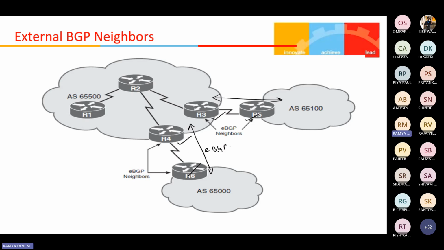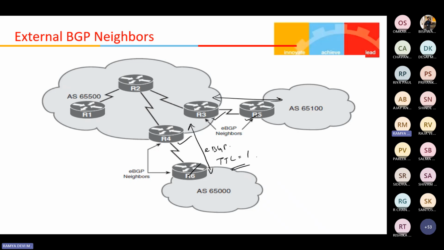In this case, the TTL will always be equal to 1. Why? Because they are neighbors. Already I've told you, you can reach R2 via R4, but R2 cannot be a neighbor of R6. R2 can be a neighbor of R4, not R6. You can reach R2 via R4, but it will not be considered a neighbor.